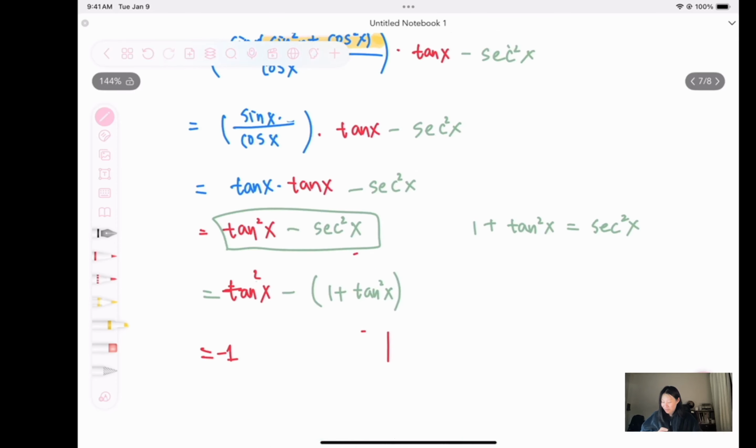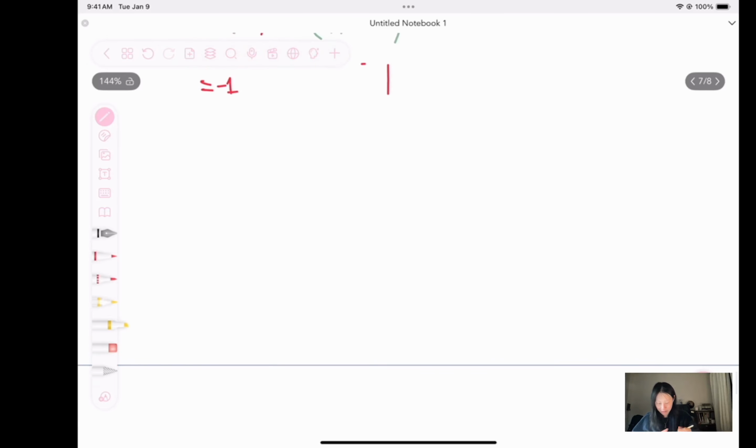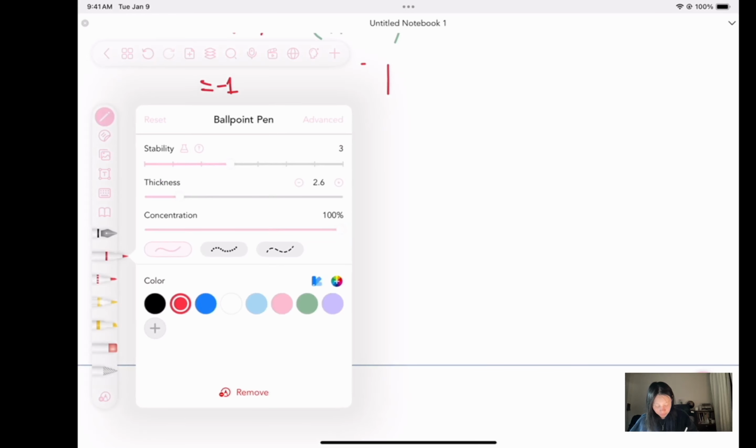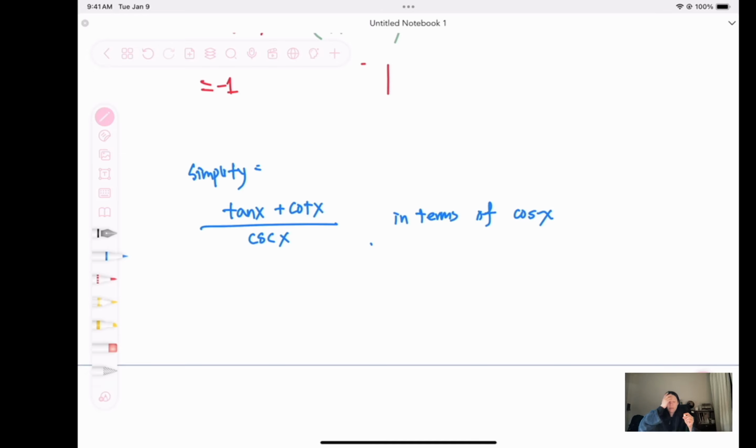Okay, let's do something else, such as this one. I want to simplify tangent x plus cotangent x over cosecant x in terms of cosine x.